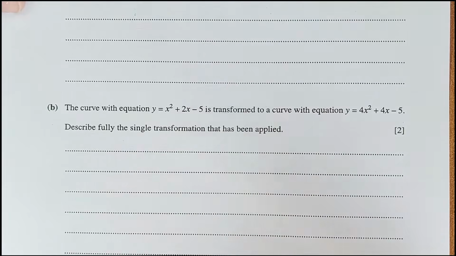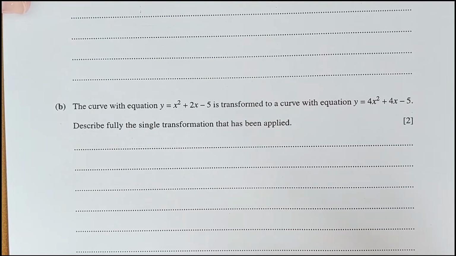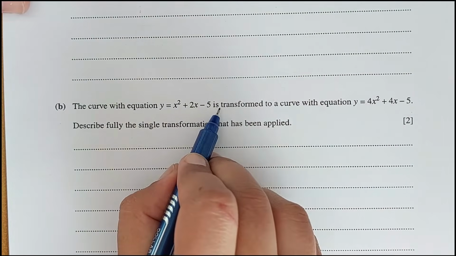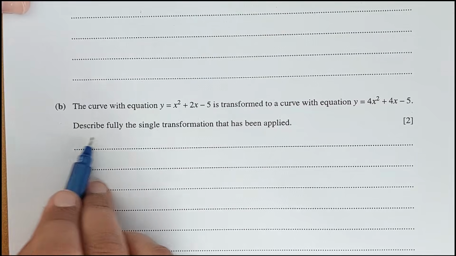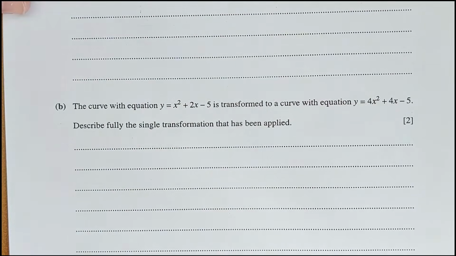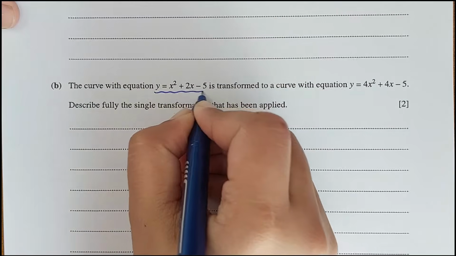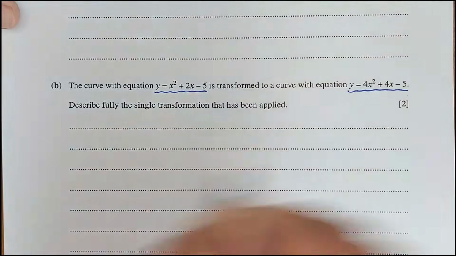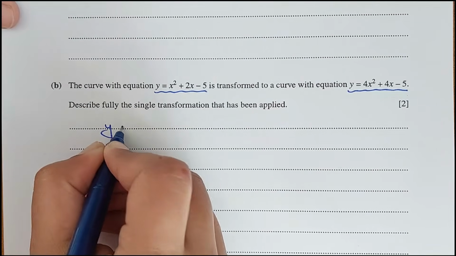Now moving to part B, the curve with the equation y equals 2x squared plus 2x minus 5 is transformed to the curve with the equation this. Describe fully the single transformation that has been applied. So if I do the comparison of two curves, this and this, as you can see, y is transformed.